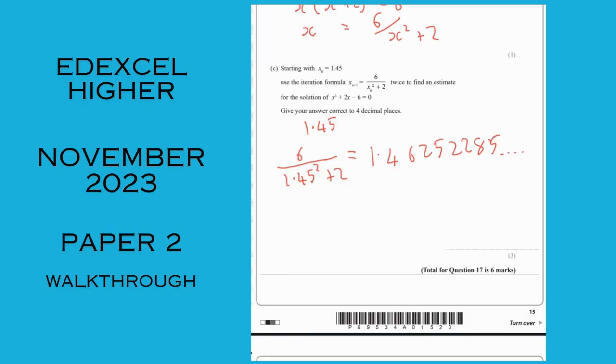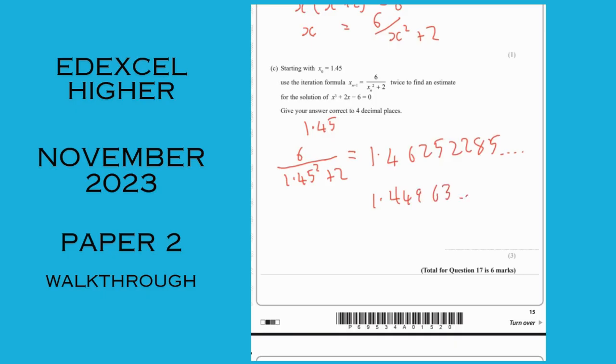and it goes on. So we can take that and we can do 6 divided by, open brackets, 1.46252285 squared plus 2, close brackets, equals, and I'm getting 1.44963, and so on.